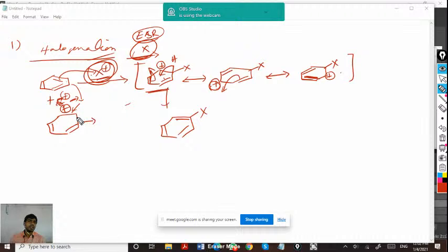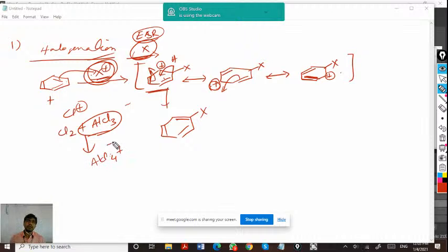So here I need chlorine plus, or halonium plus. So I need to treat chlorine or halogen with a Lewis acid like this. AlCl3 is the Lewis acid. So it becomes AlCl4 minus and Cl plus.